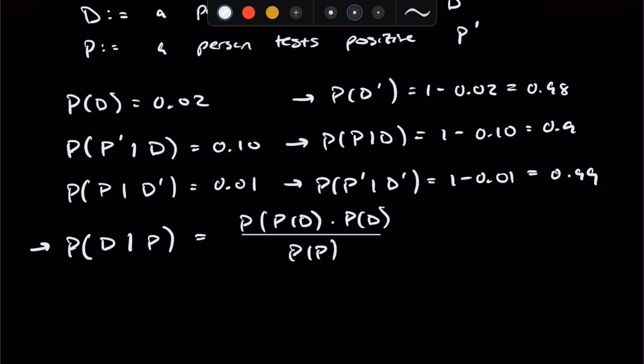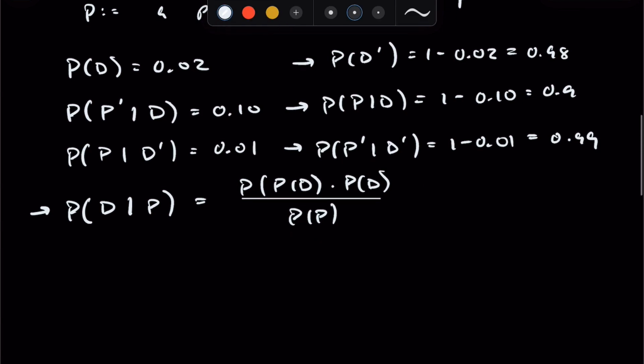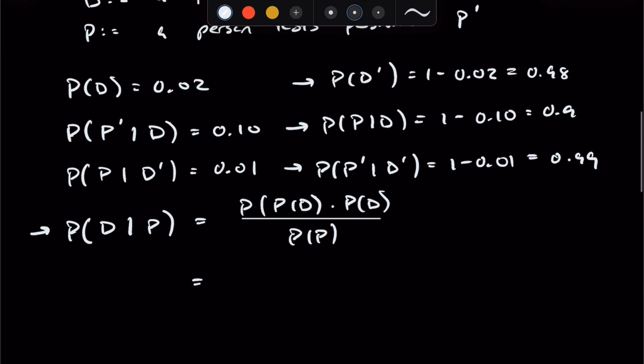It has an alternative definition where we have the probability of P intersect D divided by the probability of P. But for our problem, this formula is easier to use simply because we've already solved for some of the terms in the numerator. So we'll begin to expand that and solve it. We know the probability of P given D.